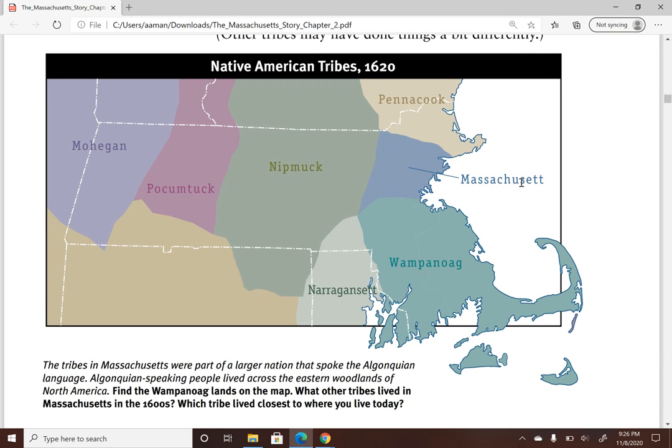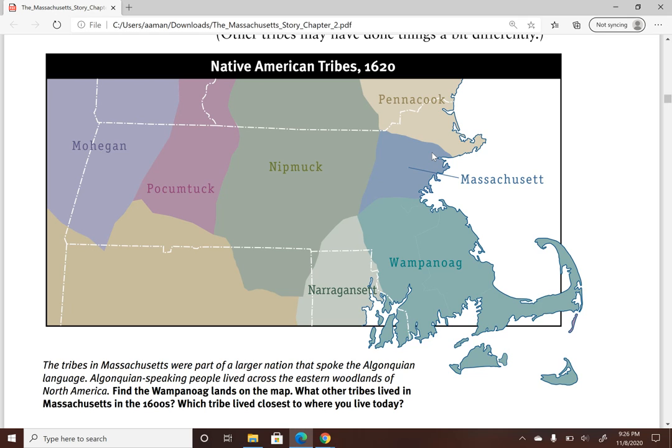So, here's our map. The Wampanoag is right here. And this is Cape Cod. And we are about here.